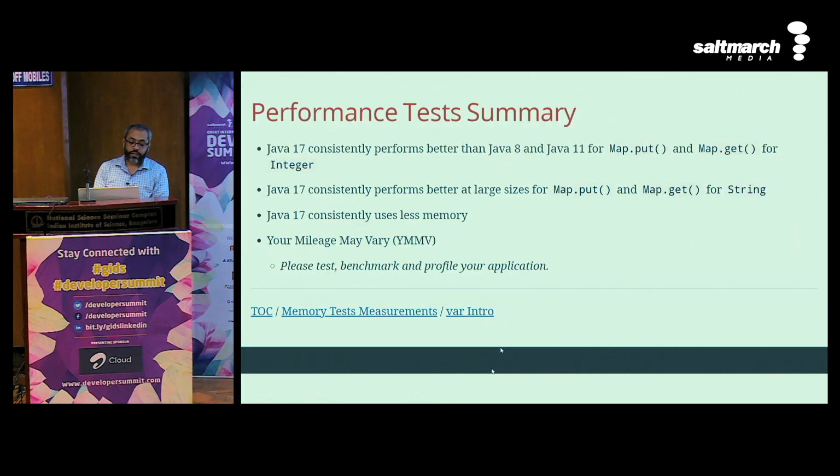Just to summarize, 17 consistently performs better than 8 and 11 for map.put as well as map.get for integers. For map.put and map.get for strings, we saw that it performs better for higher numbers. The lower ones, I'm just attributing to hysteresis. It consistently uses less memory, as we just saw. Again, standard disclaimer, your mileage may vary.